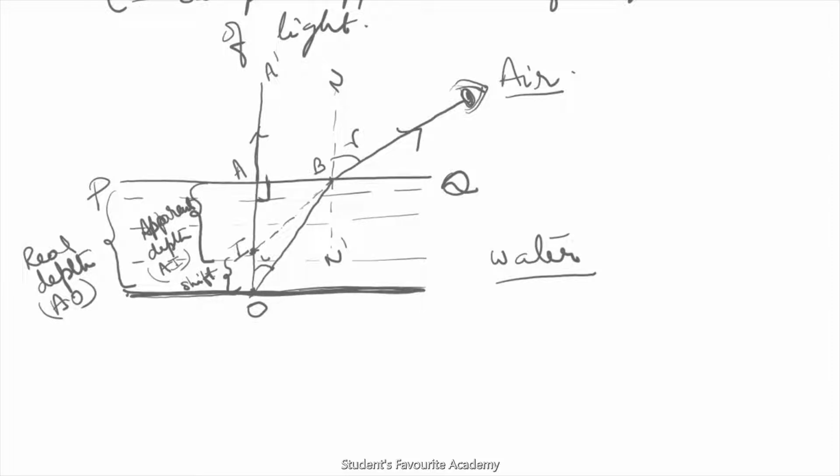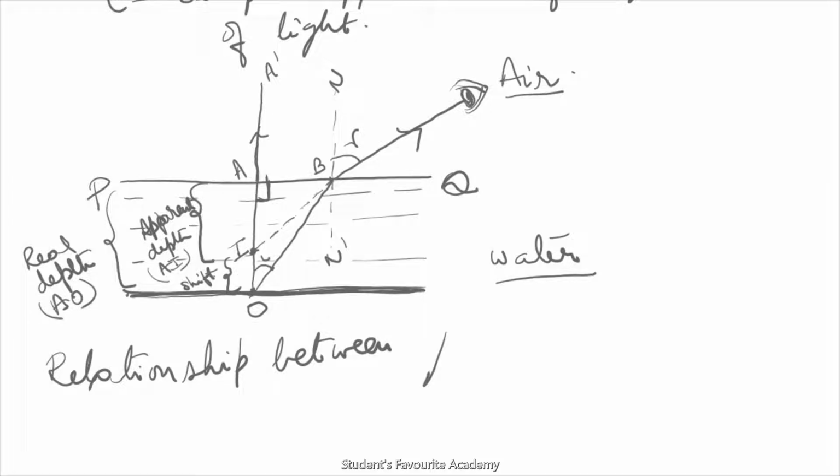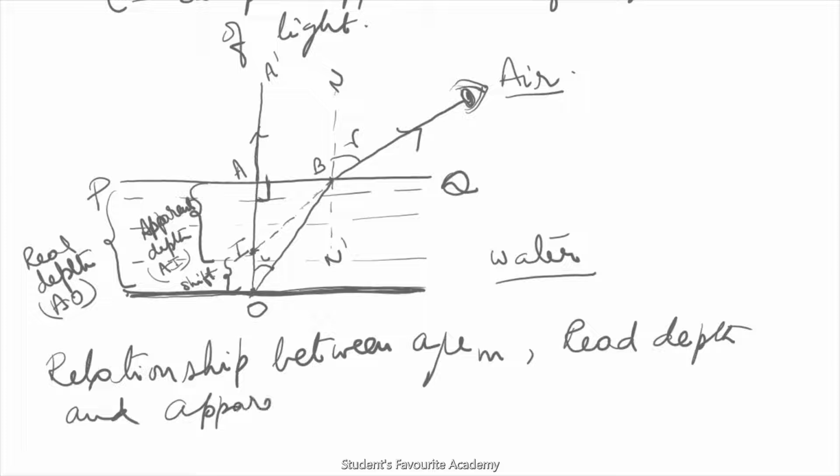So the relationship between the refractive index mu of the medium, here it is water, with respect to air, and the real depth, what is the real depth here? AO, right, and apparent depth. Apparent depth in this figure is AI.